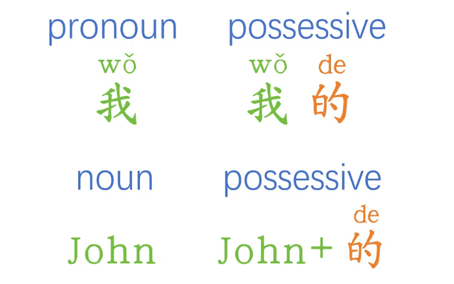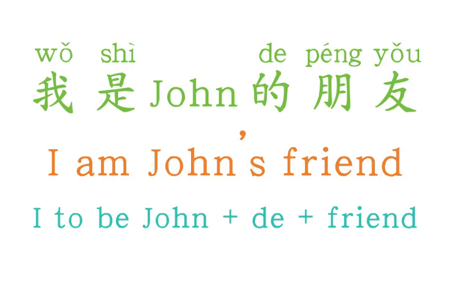Okay, please pay attention. The possessive marker 的 is not only used with pronouns, and we can also use this possessive marker together with nouns. So if you want to say, I am John's friend, we say, 我是 John 的朋友. And in English, you can also use the word of to indicate possessive.